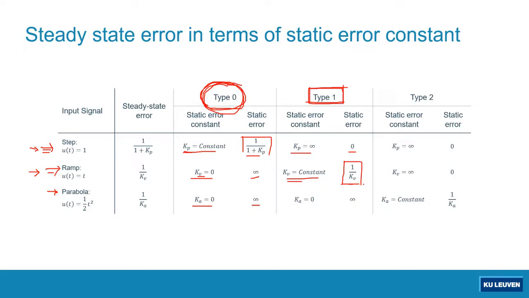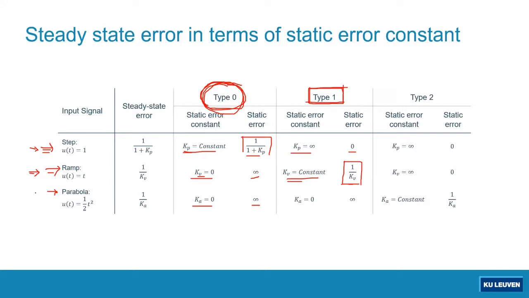What does it mean? This means for this type 1 system, if ramp input is given, the response still can follow the input, but with a constant error, with a certain constant difference between the response and the input in steady state condition.